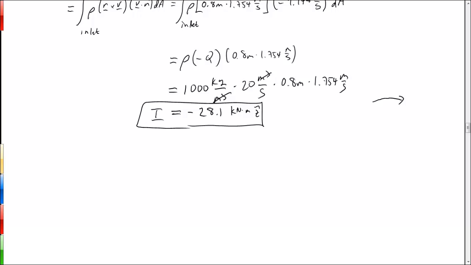Now, this is a little bit paradoxical because, of course, the work being done is equal to the torque dotted with the rotational velocity.